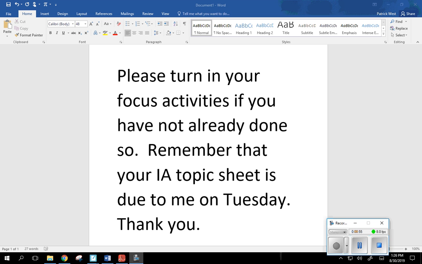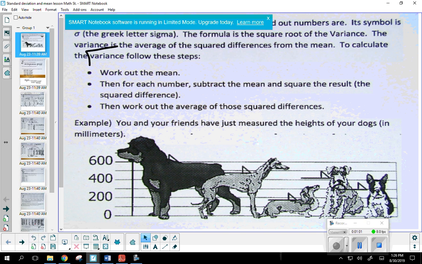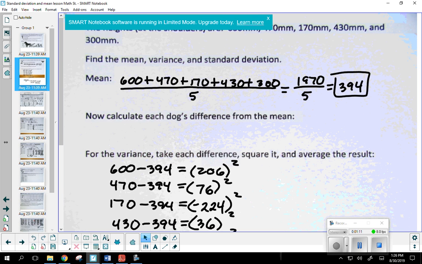Let's see where we left off. Okay, so we're a couple of days out from where we started this, but I introduced standard deviation to you, and I said it was a what? How did I describe it? Like, what is standard deviation?